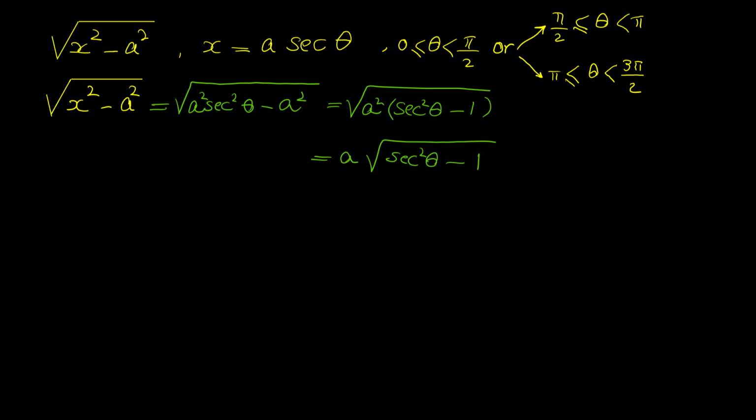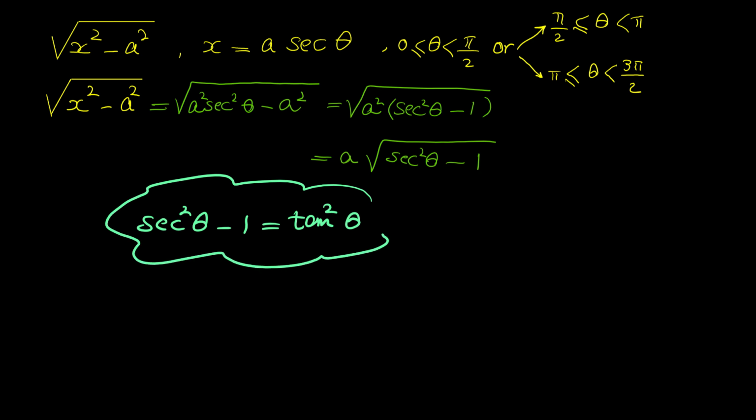Now remember one important identity that we need for this substitution: secant to the 2 theta minus 1 is tangent to the 2 theta. Based on this identity, we can replace this with tangent to the 2 theta.